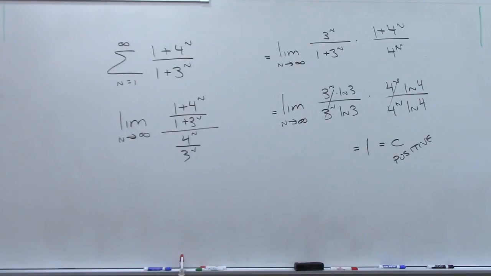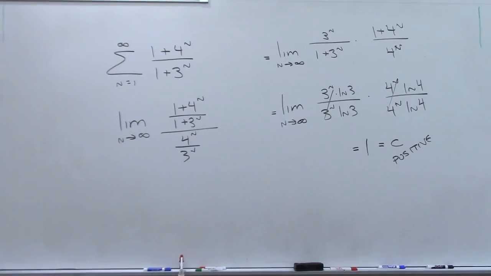I think that's probably good enough, just to show you how that limit comparison test works. All right, well, that's 8.3. I hope that all makes sense. Good to go.